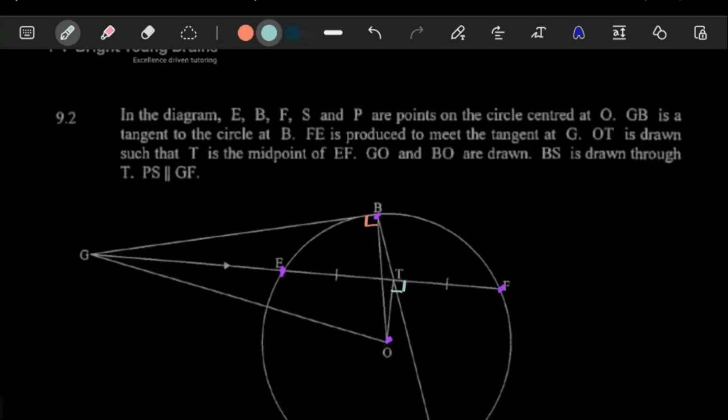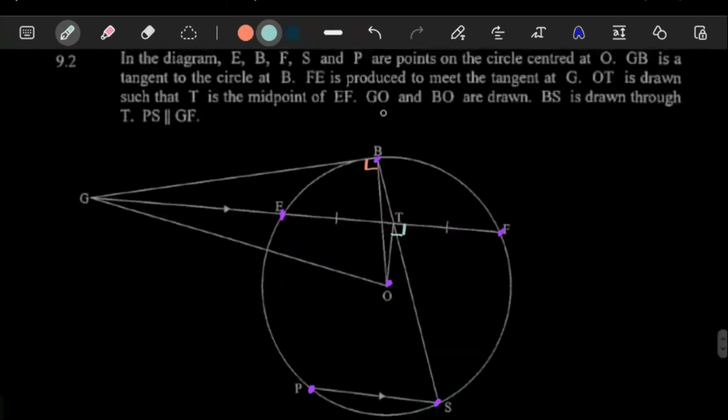And then it says here, OT is drawn, such that T is the midpoint of EF. And then it says GO and BO are drawn.